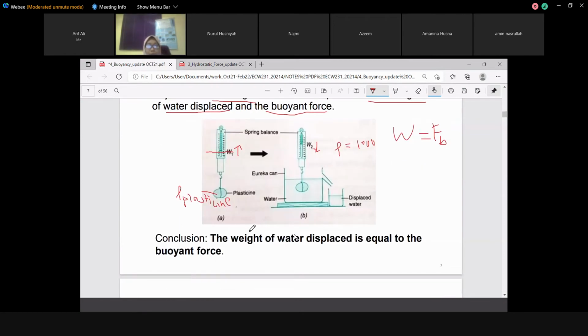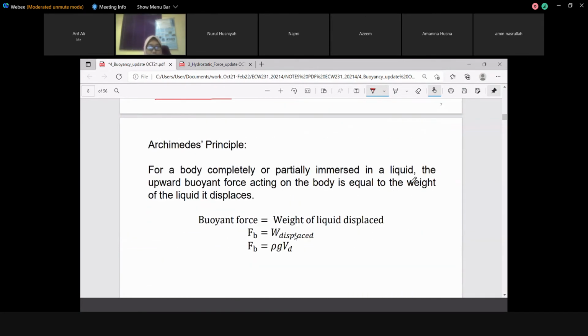Okay. The weight of water displaced is equal to the buoyant force. Okay, this concept follow Archimedes' principles. What Archimedes stated that for a body completely or partially immersed in a fluid, the upward buoyant force acting on the body is equal to the weight of the liquid it displaces.